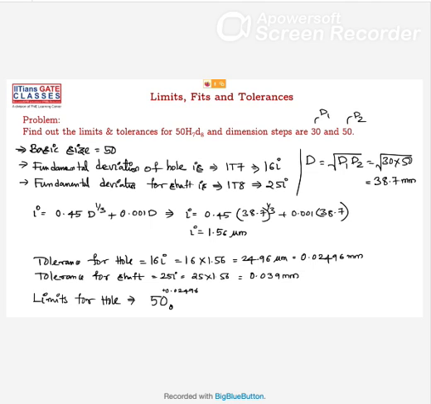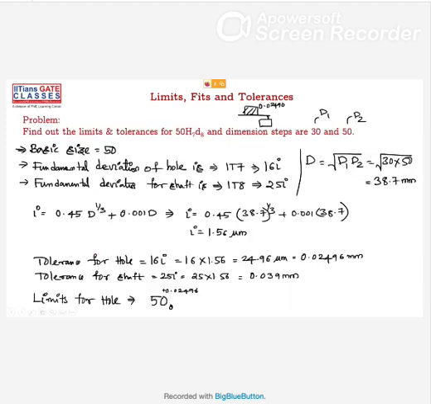Got the point? And as I'm considering this as a hole basis system, this is your hole, 0.02496, but the shaft is somewhere here, so you have to have the fundamental deviation. How do you calculate the fundamental deviation here?